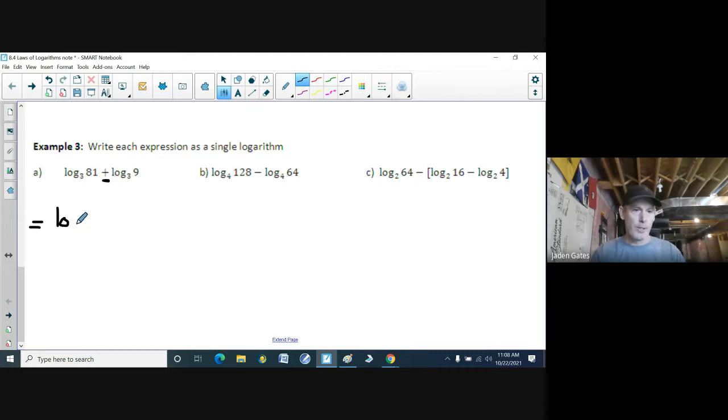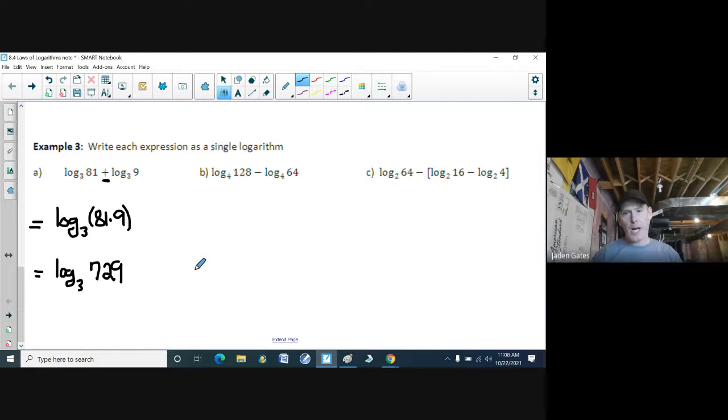So I'd have the log with base 3, but in the brackets I would have 81 times 9. Of course, I could do 81 times 9 if I got my calculator here, which I do. And so I could rewrite it as a single simplified log of base 3 of 729. And there we go.